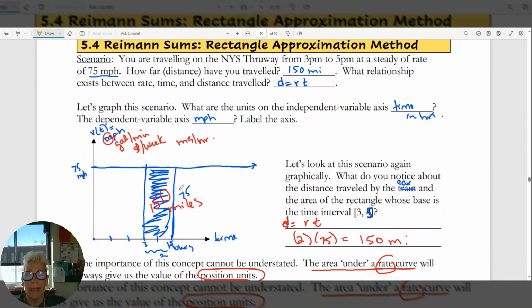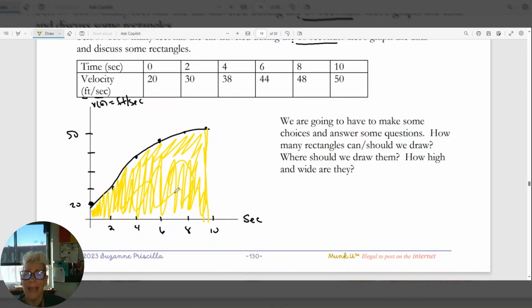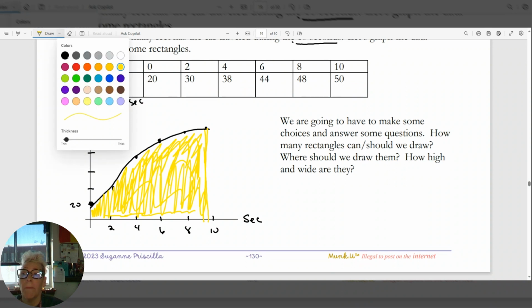We approximated, and actually in this case got the exact answer by finding the rectangle's area under this curve. Lucky for us, in our first example, the top of this curve is just a nice straight horizontal line, so we have a perfect rectangle. Down here, we are not going to have a perfect rectangle, but we are going to get an approximate answer for how many feet we've traveled by calculating a rectangle under this curve.